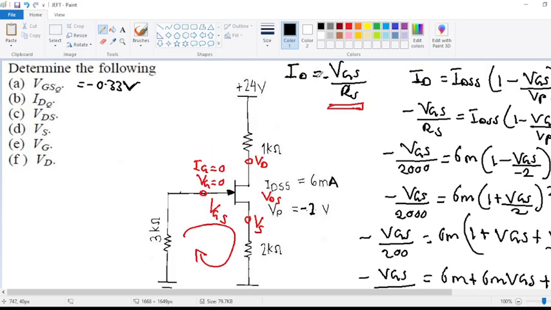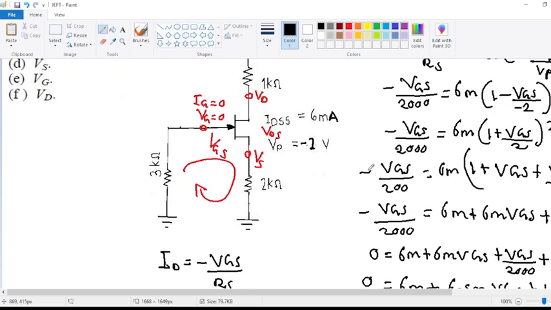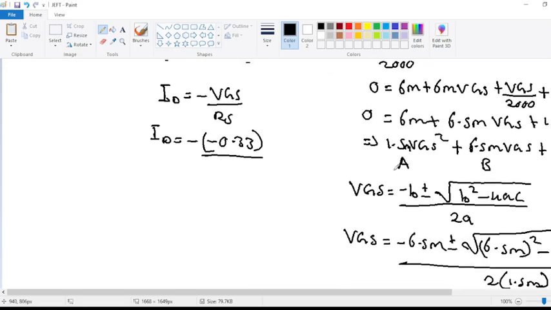So our ID is negative negative 0.33 over our RS, the 2K resistor, which is 2000.